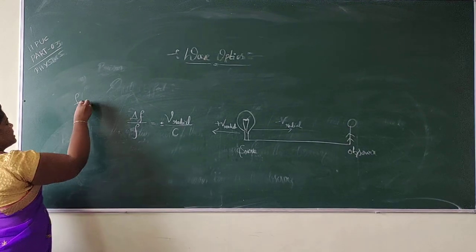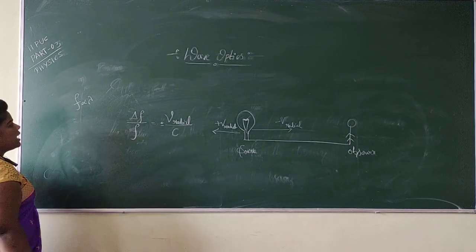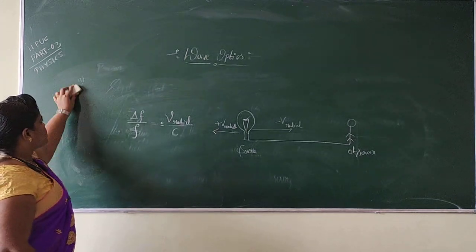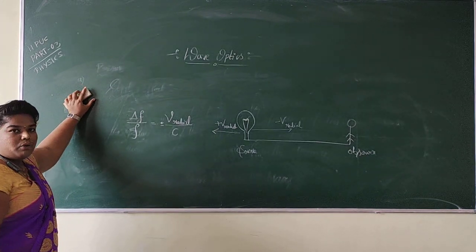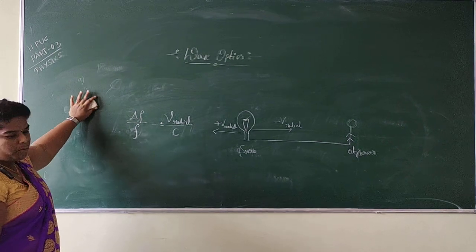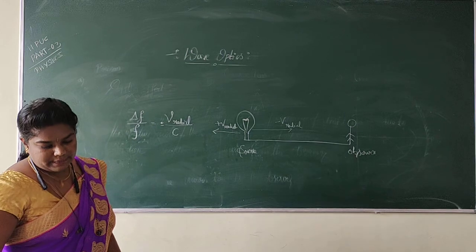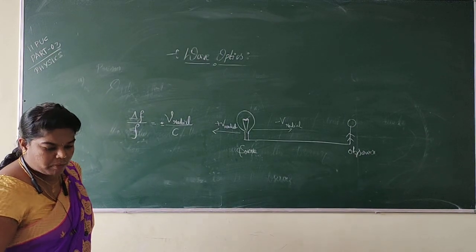So the frequency depends directly on lambda. So how do we write this formula? It changes, but we should be very careful while writing it.